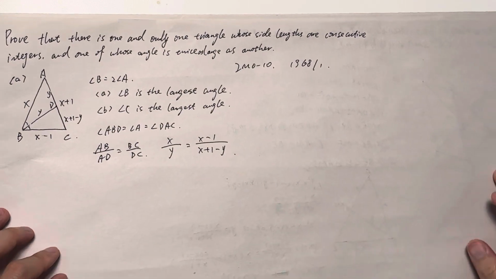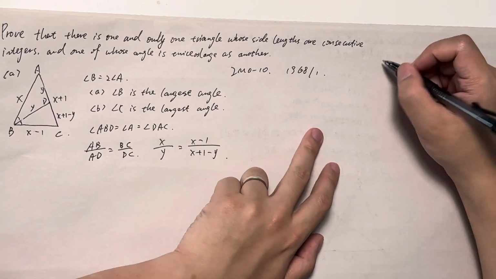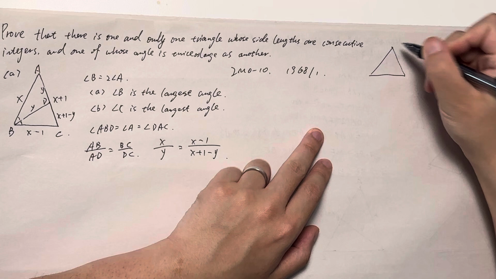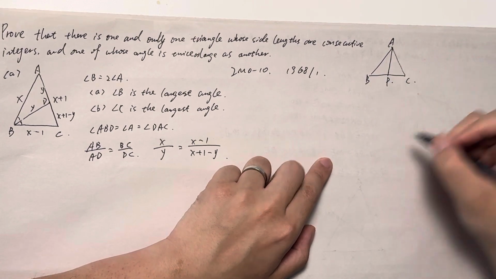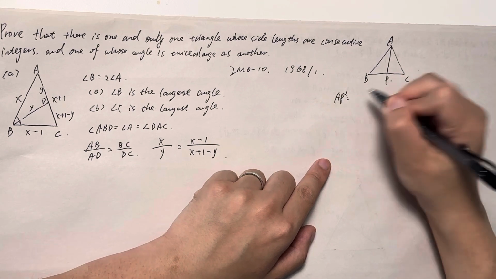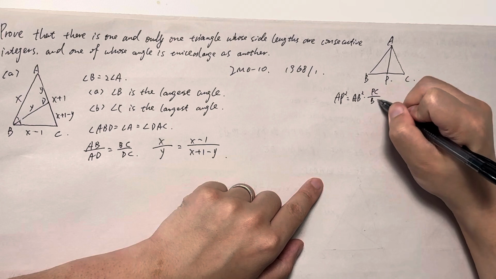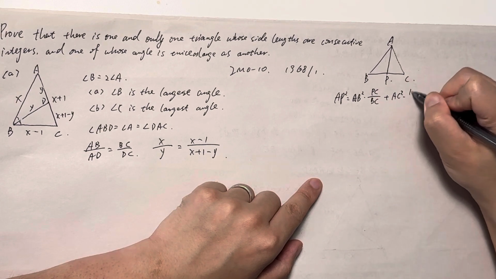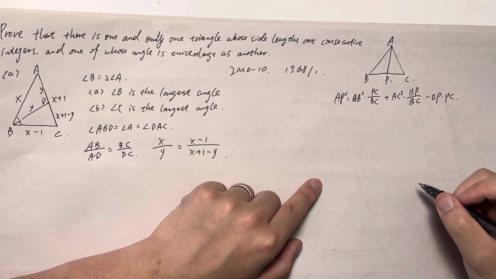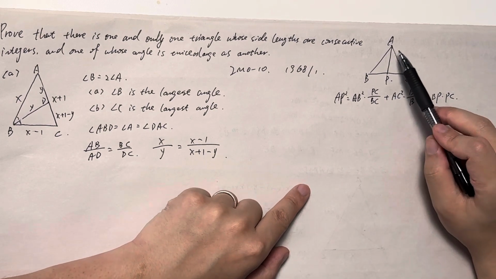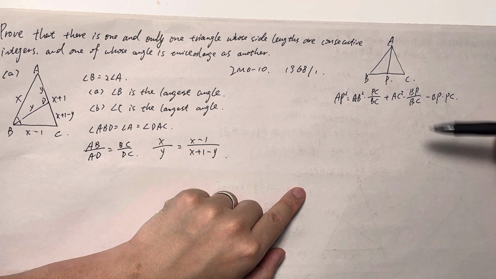Let's review that theorem. Stewart's theorem says that in a triangle ABC, with AP here, AP squared equals AB squared times PC divided by BC plus AC squared times BP divided by BC minus BP times PC. We already derived this special case, but let's do it again.